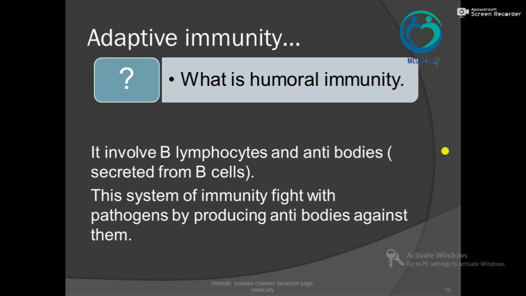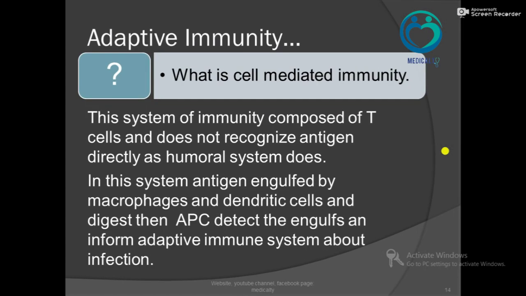This system of immunity fights pathogens by producing antibodies against them, and it is able to recognize the antigen. The cell-mediated immunity is composed of T cells and is not able to recognize antigen directly as the humoral system does.